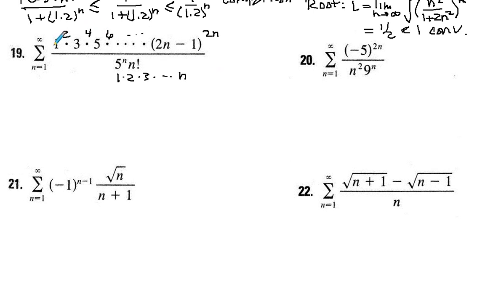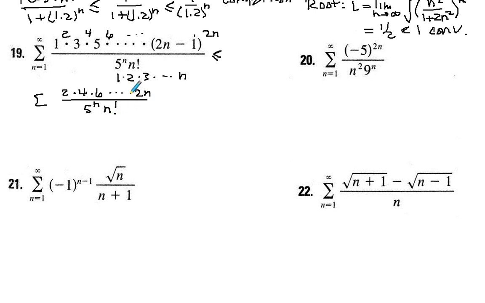And so 2 is bigger than 1, 4 is bigger than 3, 6 is bigger than 5, all the way up to 2n is bigger than 2n minus 1. So I'm going to do a direct comparison here. This would be less than or equal to the sum of 2 times 4 times 6 all the way up to 2n over 5 to the n times n factorial.